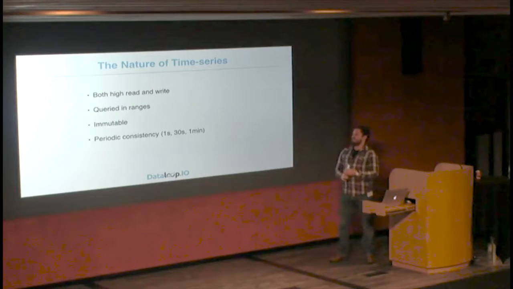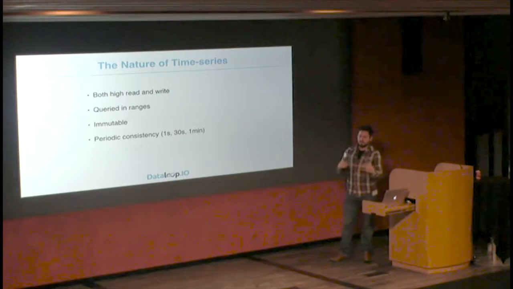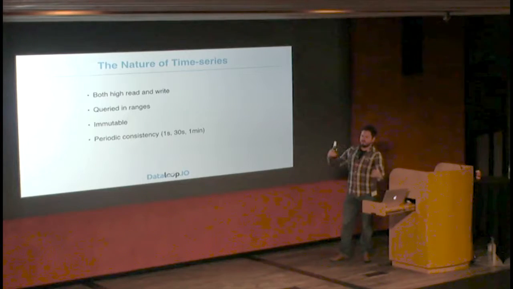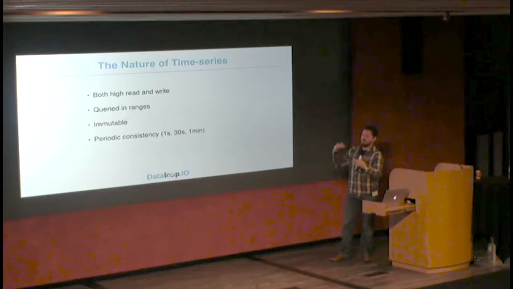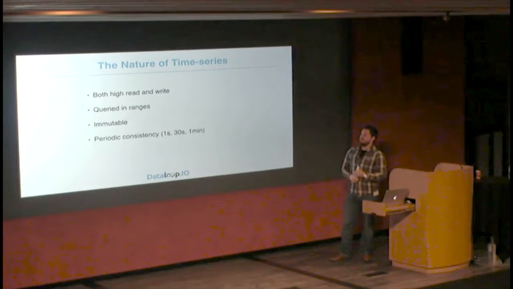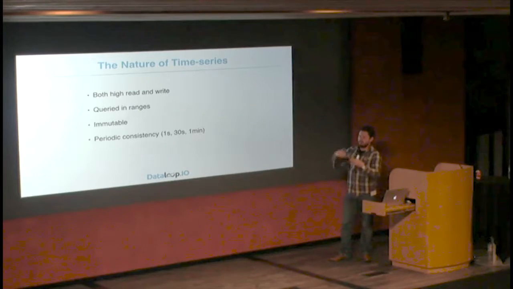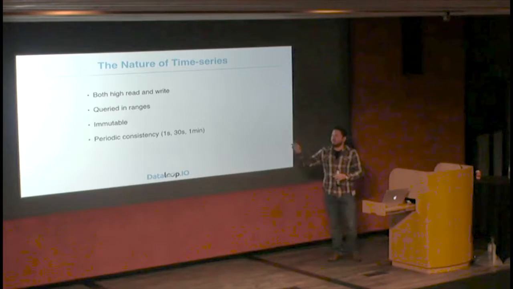Another interesting aspect is that queries of time series data tend to be range-based. Usually it's a time range of the data you're looking for, or a cross range, maybe all of your CPU-based metrics.